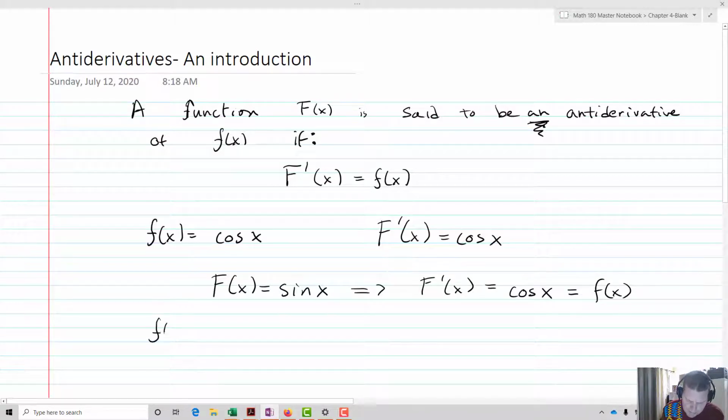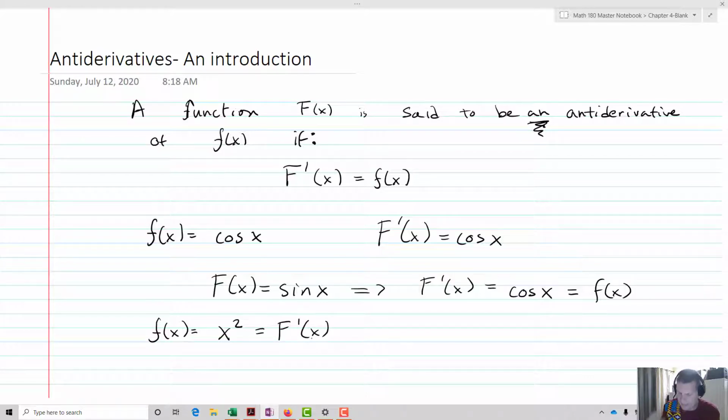Let's say, for example, we have little f of x equals x squared, and we want to find big F of x. So that means this is going to be big F prime of x. So the question is, what function has a derivative equal to x squared?